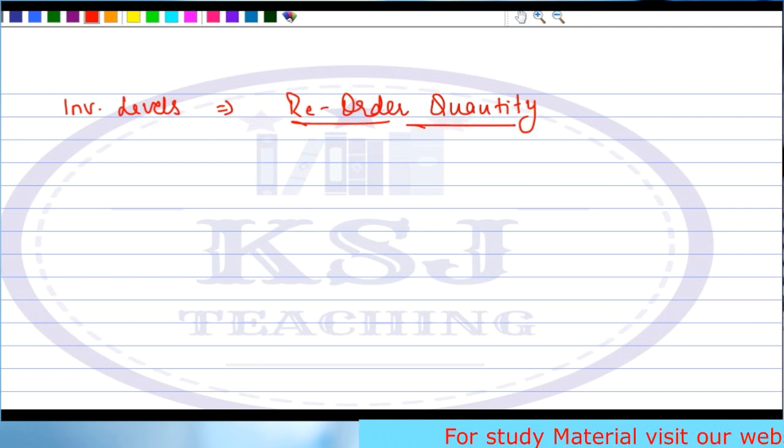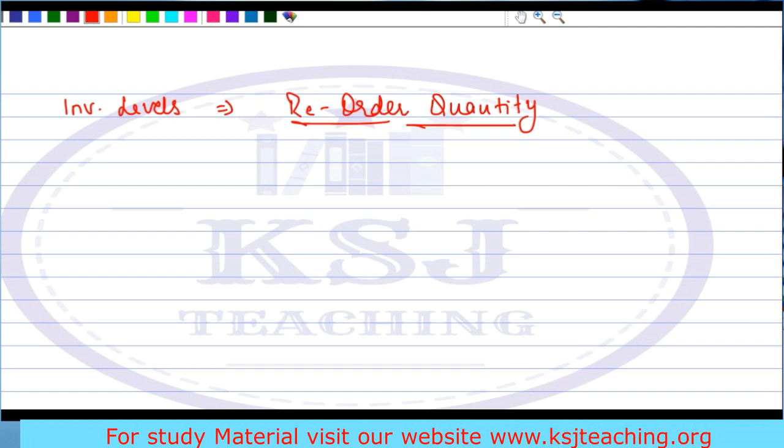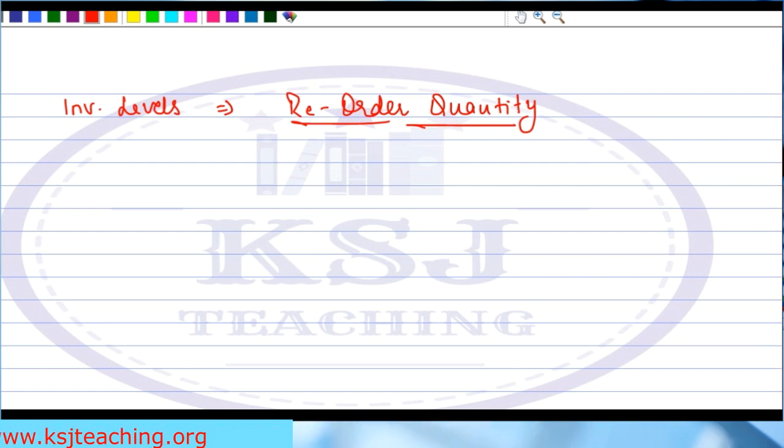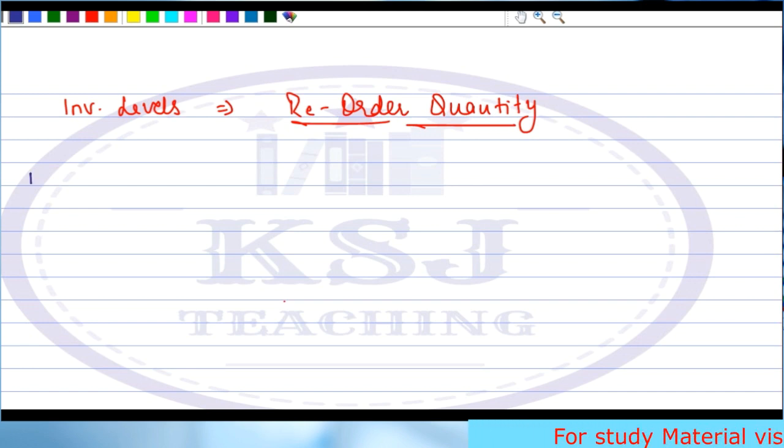Sir, reorder quantity is the quantity that is to be ordered at one time. What is EOQ, sir? EOQ is also the quantity that is to be ordered in one time. Sir, then what is the difference between reorder quantity and EOQ? Nothing. Right? That is why I say, sir, you can write it down.